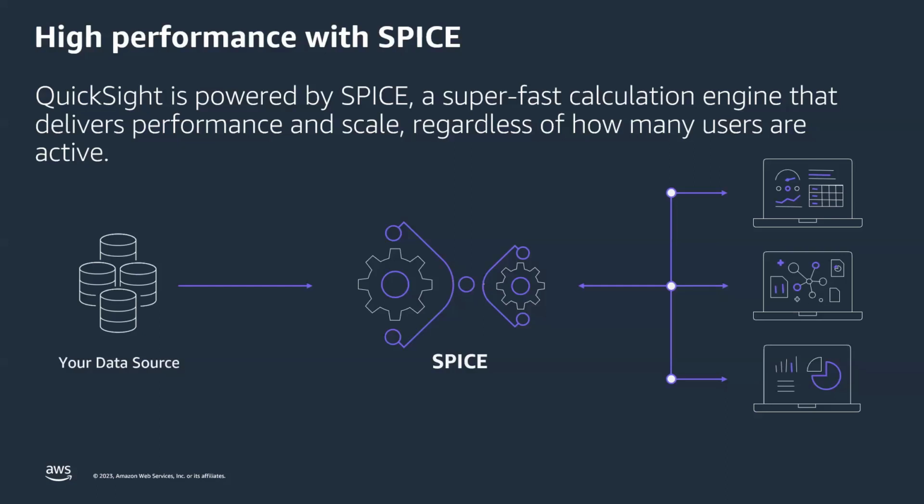SPICE has a capacity limit. One data set could be up to 1 billion rows or 1 terabyte. So that's a lot of data you can fit into a single data set on SPICE. SPICE saves you time and money, right? So you can run your analytical queries fast. You do not need to wait for your direct queries to be processed by your database, because those queries are processed and answered using SPICE, the in-memory data store.